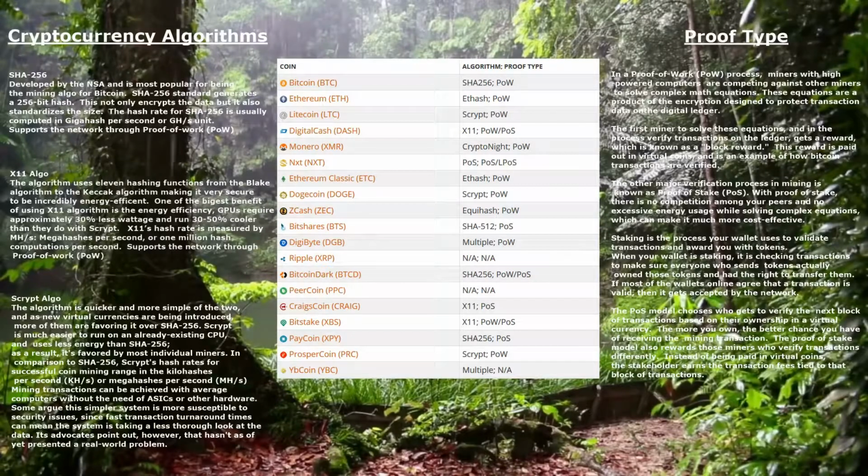The SHA-256 standard generates a 256-bit hash. This not only encrypts the data, but it also standardizes the size. The hash rate for the SHA-256 is usually computed in gigahash per second, or GH. And so this 256 algo supports the blockchain network through the proof of work mining model.